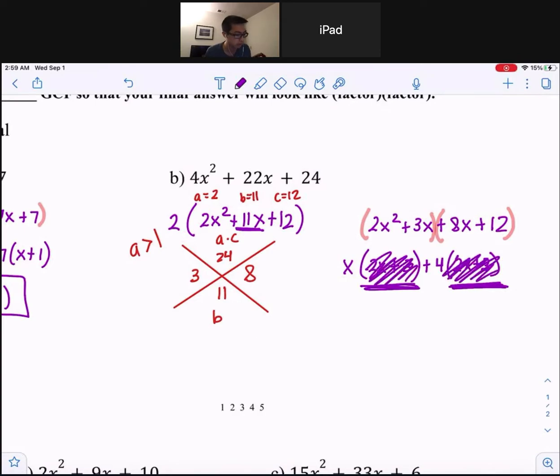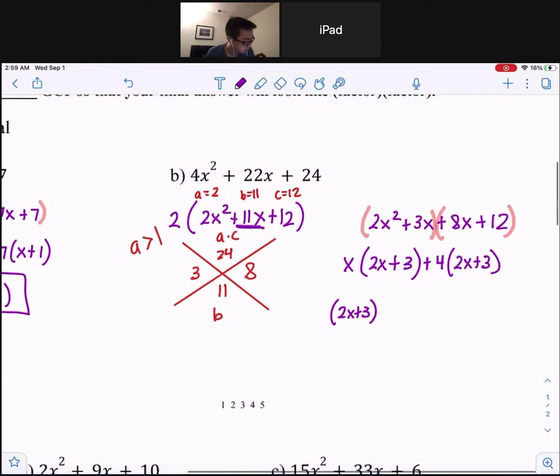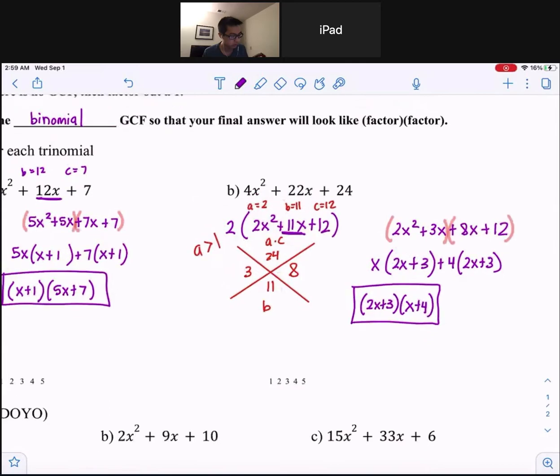They both share that. So we factor out a 2x plus 3 from both, and what's left over? x plus 4. And that will be your factors.